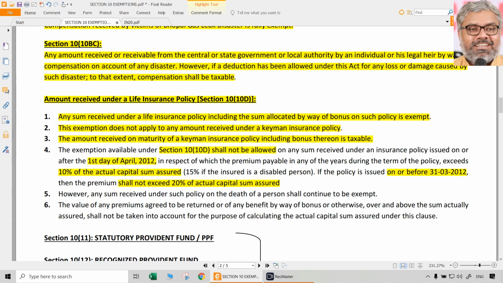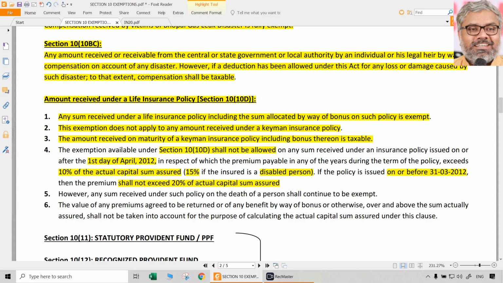But of course, after 1st April 2012, 15% is allowed for a disabled person. Prior to 1/4/2012, 20% is there for everybody. But after 1/4/2012, normally the premium amount cannot exceed 10% of the capital sum assured. But if the person is a disabled person, it is okay up to 15%.